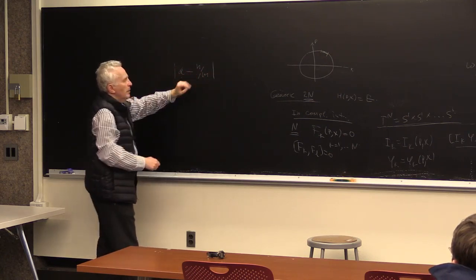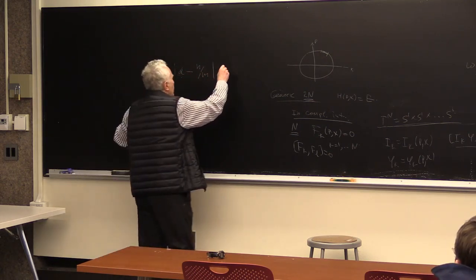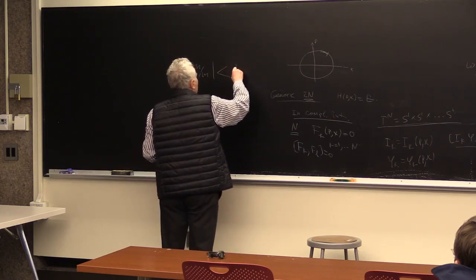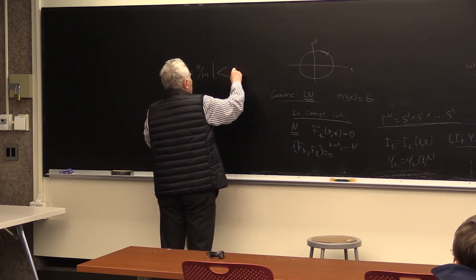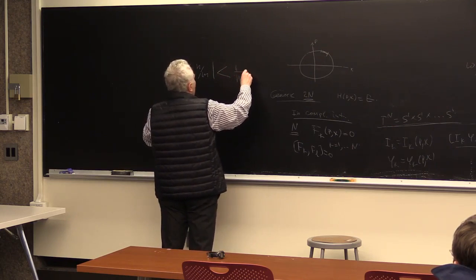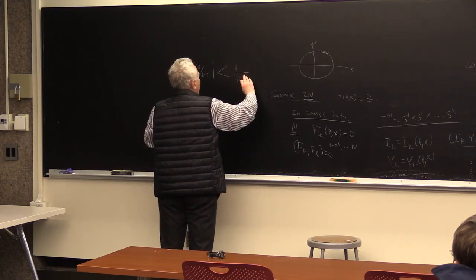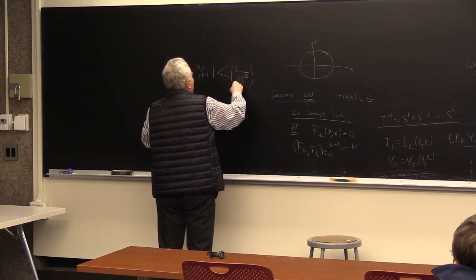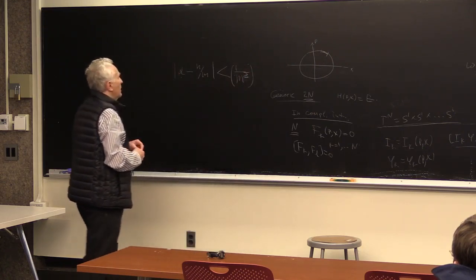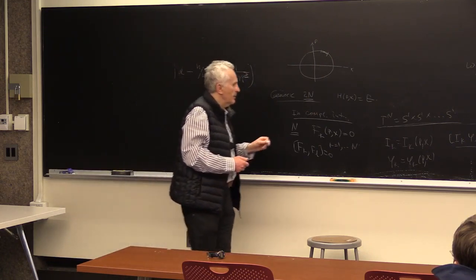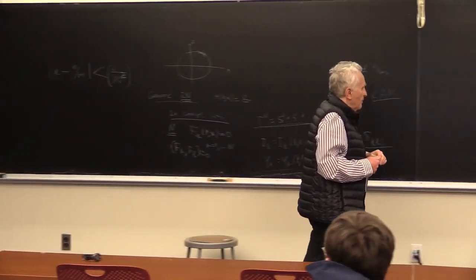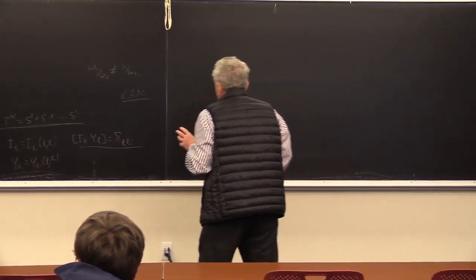You approximate it by some rational, and the error is m to some power, and for different rational numbers, these powers are different.